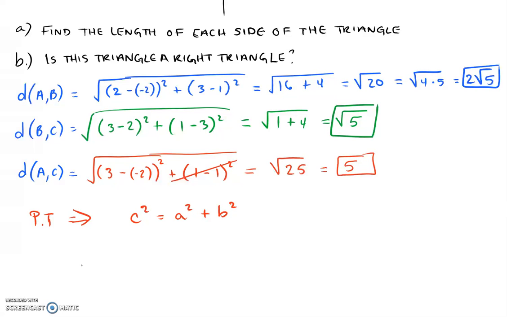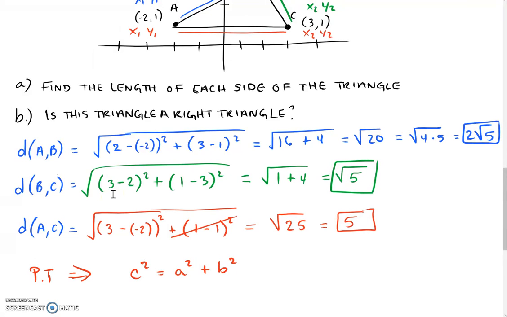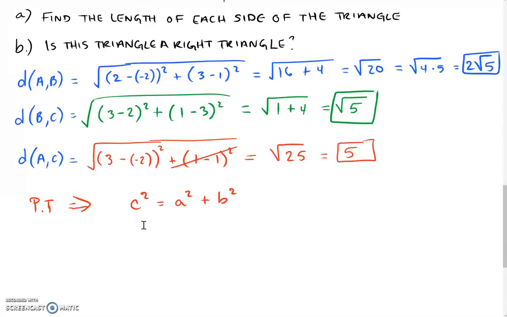So based on the picture, let's say side AC down here is our hypotenuse, right? And plug in that value that we calculated, which we calculated to be a 5. Let's go ahead and plug that into the formula. We'd have 5 for our side C.